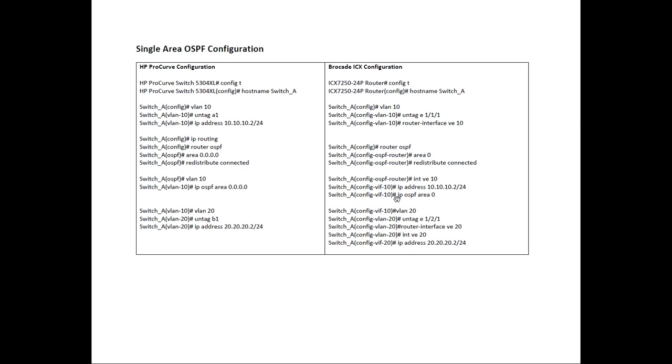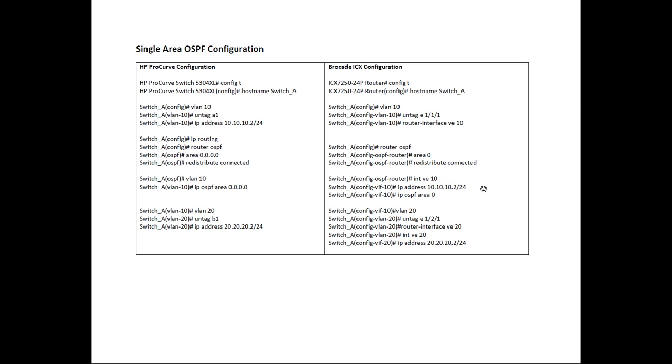Then they went to VLAN 10 again, and assigned that OSPF area to VLAN 10. So they assign the IP address and the OSPF area directly to the VLAN. In our case, a VLAN is a layer 2 entity, so we create a layer 3 entity, which is a router interface called VE, or Virtual Ethernet, 10.